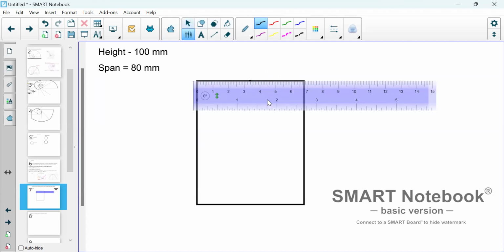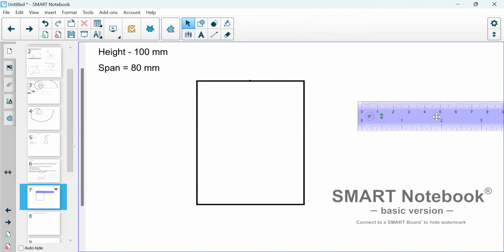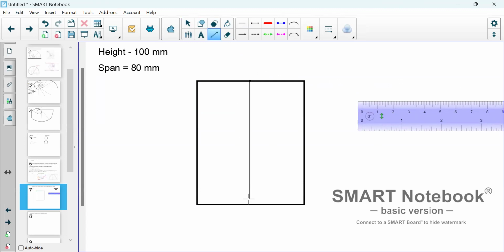Good. So we mark the half. Well, for me, I would just mark the half of the span so that I can obtain this line.